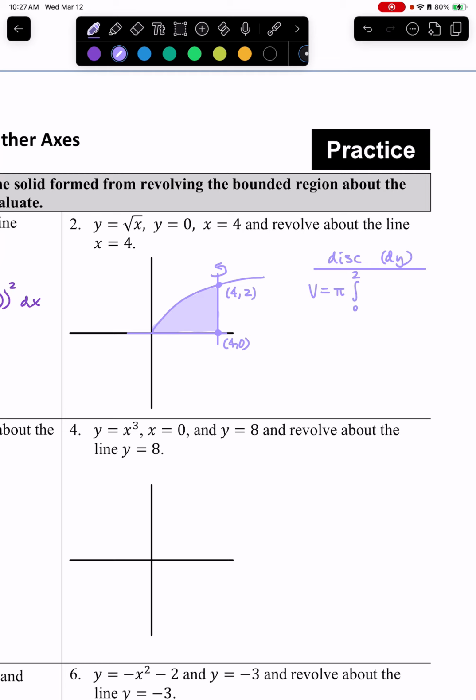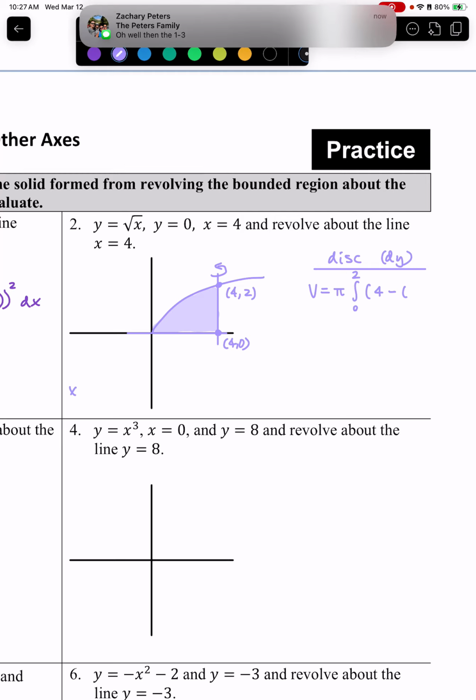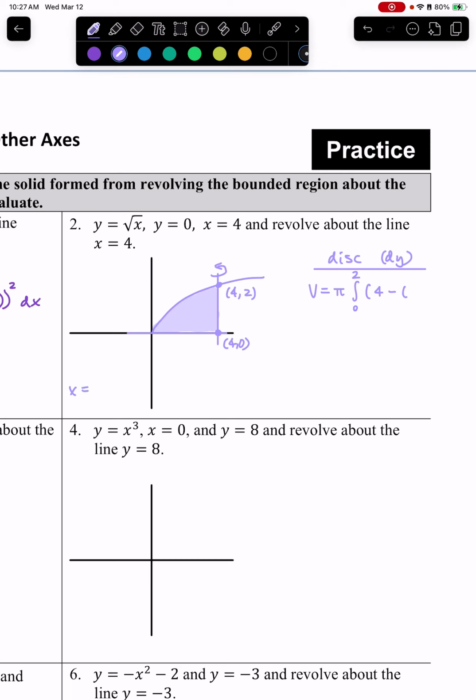And our radius value, so we're going to start at the axis that we're rotating about, which is positive 4, and we are going to subtract the function, which would be square root of x. We don't want x because we're doing a dy integral. So if we solve for x, then it's going to equal y squared. So minus y squared is what we want to subtract. That's our function, squared, dy.